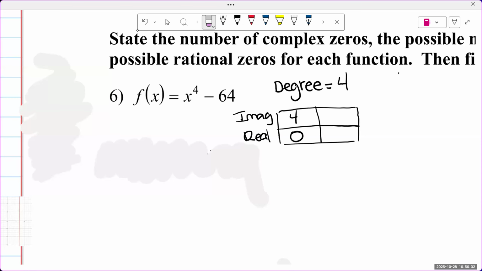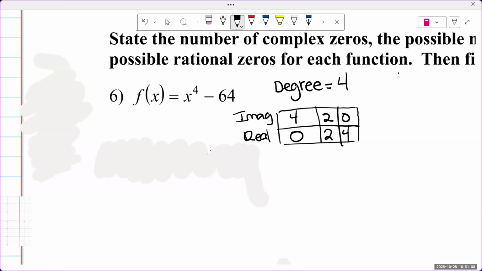No. That means the imaginary zeros have to come in pairs. So there could be 4, there could be 2, or there could be 0. There's 4 total. If there's 2 imaginary, 2 real. 0 imaginary, 4 real. Okay, number of imaginary zeros, 4, 2, or 0. Number of real zeros, 4, 2, or 0.